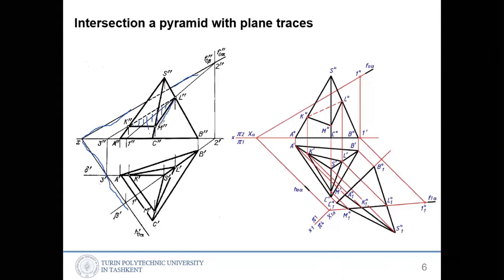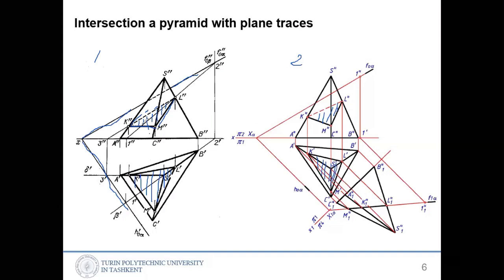Okay, so these are the intersection lines of the pyramid in other views. And here is another example. So this is example 1.